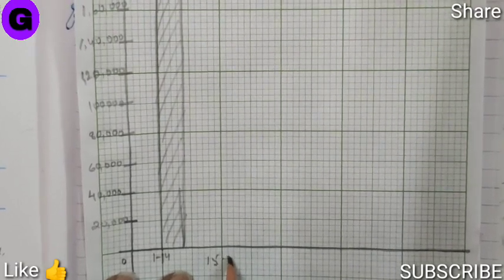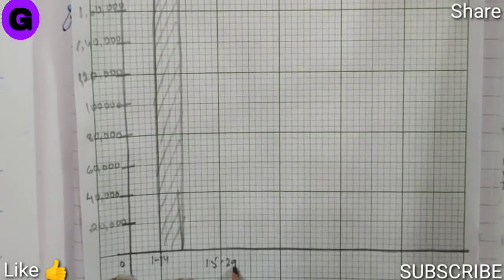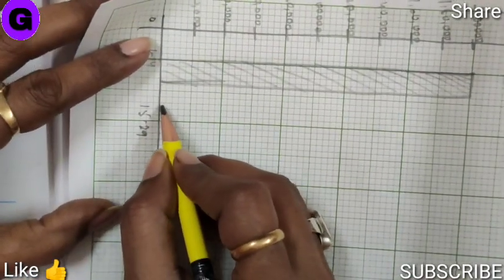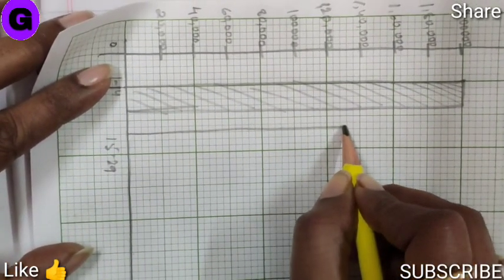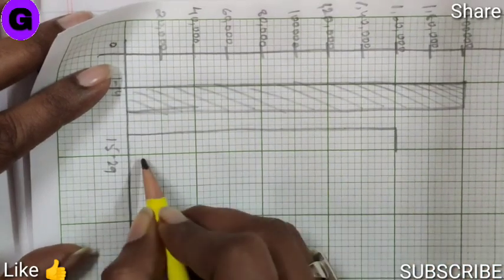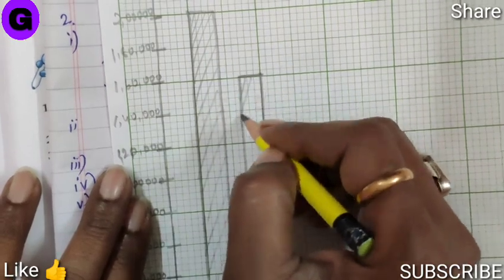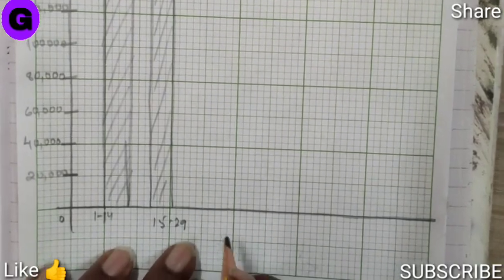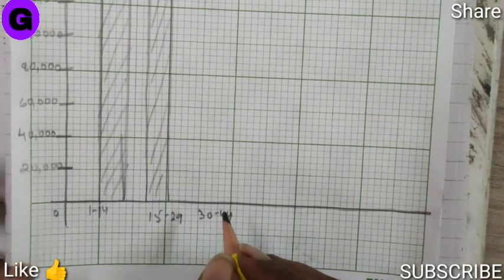Next 15 to 29, that age group, the number of persons is 1,60,000. That means we have to come till here. Next age group is 30 to 44. That is 1,20,000.